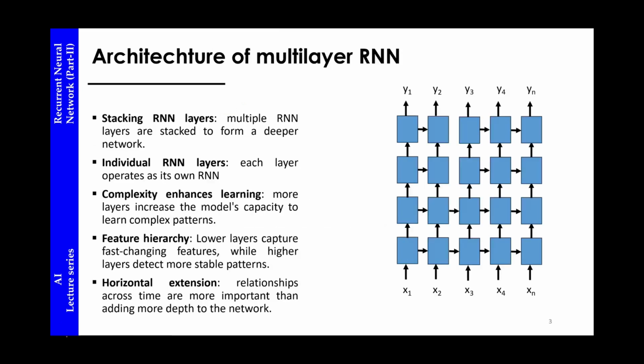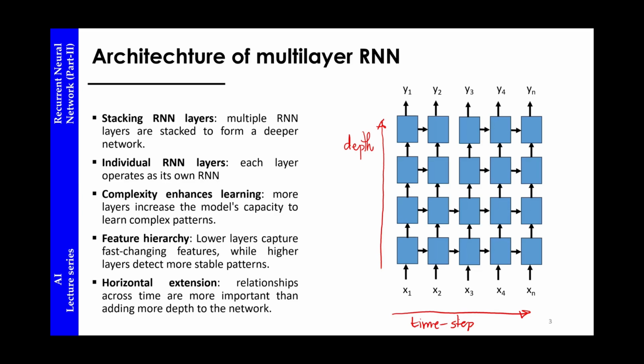Okay, here on the right side, the graph shows the multi-layer recurrent neural network. We can add more complexity to the recurrent neural network by extending it along the depth, a vertical extension, and along the time step, a horizontal extension.